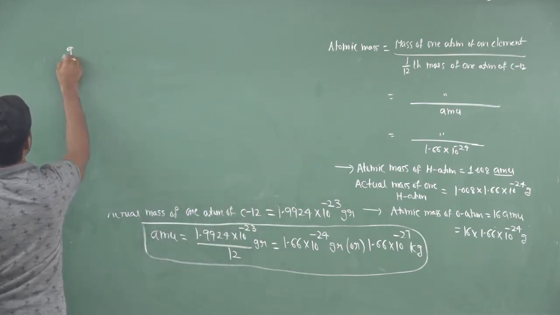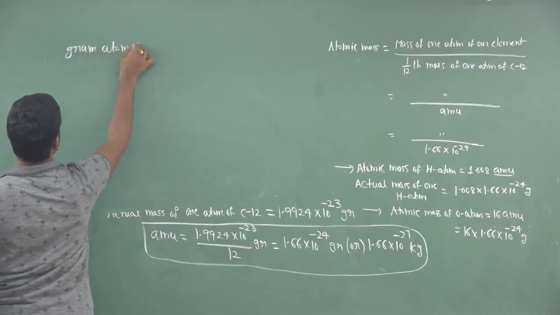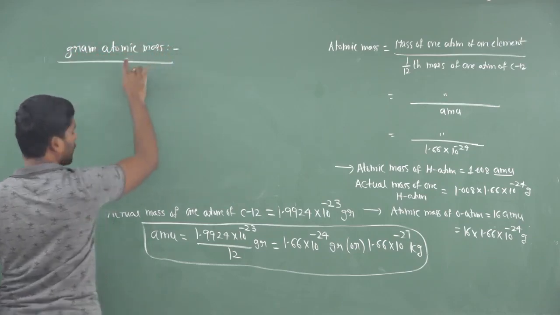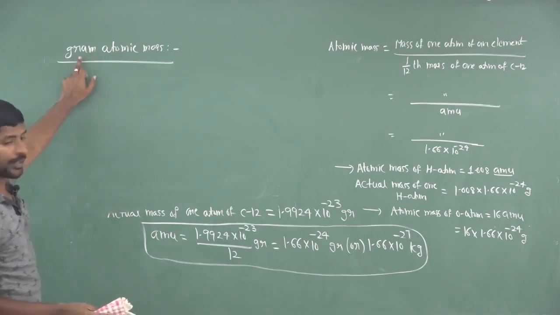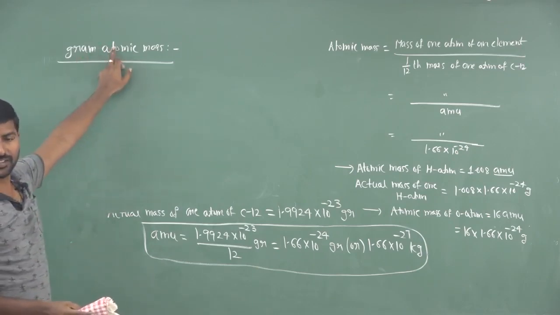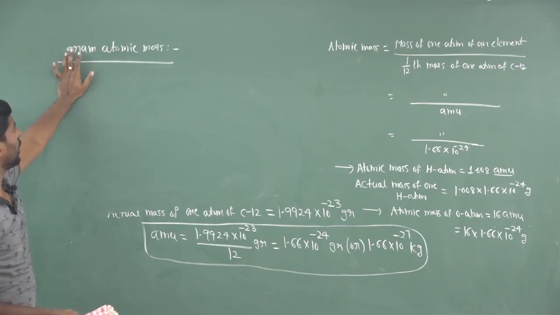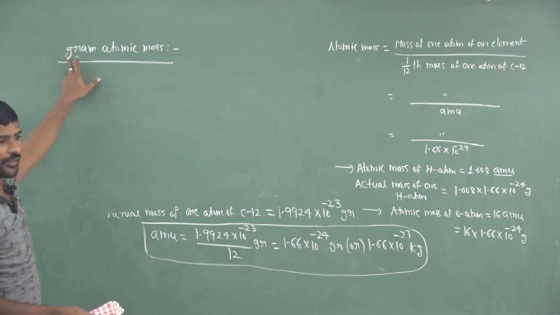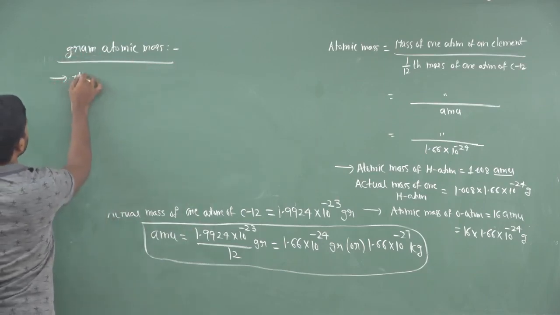Next one, gram atomic mass. This gram atomic mass is nothing but the atomic mass expressed in grams, and this is the mass of Avogadro number of atoms. Avogadro number of atoms mass expressed in grams is called gram atomic mass.